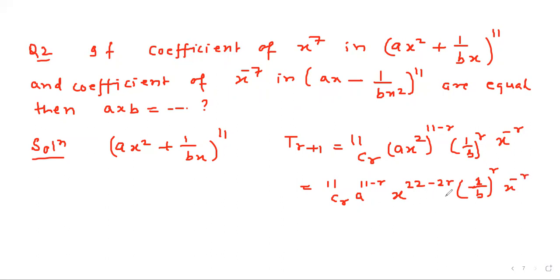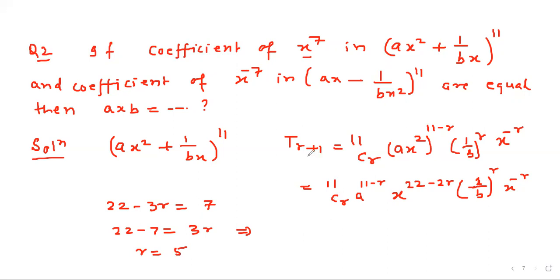So the total power of x will be 22 minus 3r, and it is to be equated with x power 7. So 22 minus 3r equal to 7, or 22 minus 7 equal to 3r, from where we get r equal to 5.